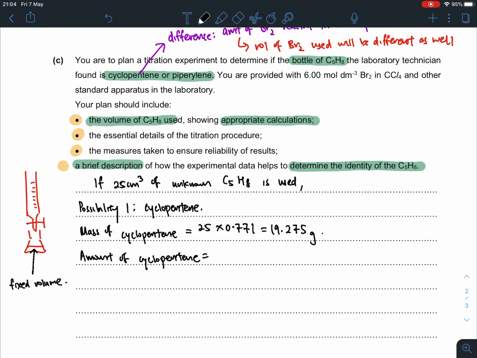Okay, so the mass would be 19.275 grams. And to find the amount, it would be divided by Mr, which in this case would be 68. And that would give you 0.2835 mole in 4 SF.